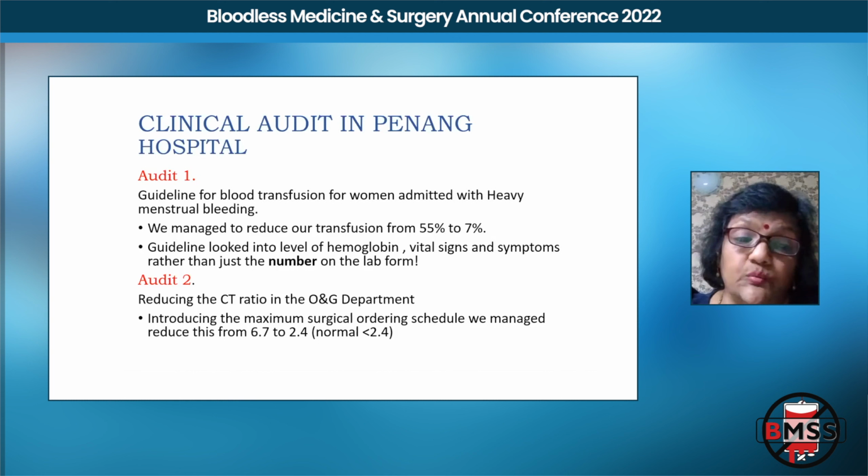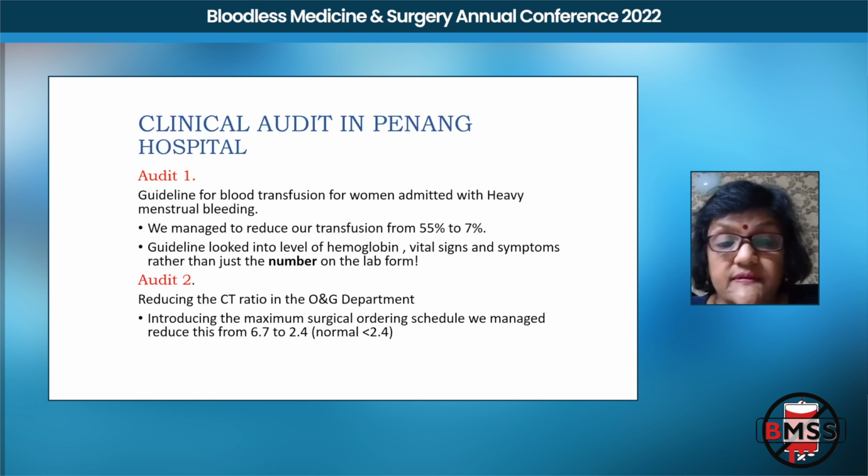A second audit was done looking at the cross-match transfusion ratio in our department as well. And usually the obstetric and the O&G team, we have a gynaecologist in our services in our hospital. Hence the request for blood prior to surgery is a lot, but however, the transfusion is reduced because they take measures to reduce blood loss during surgery.